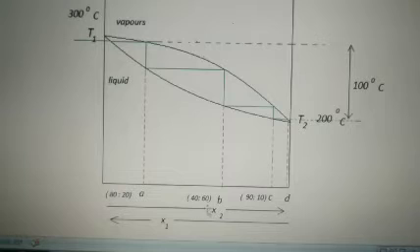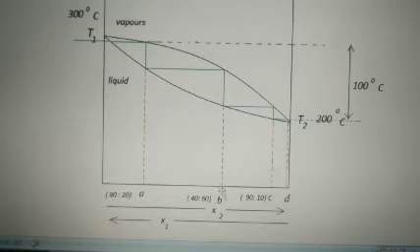As we come to point B, the mole fraction of x2 is increasing. It will reach 0.6. As we move toward point C, the B component reaches 90%.